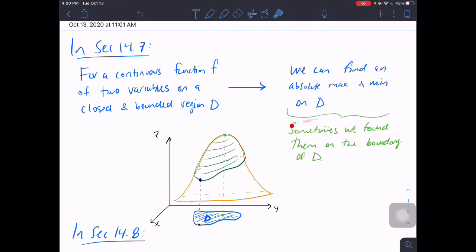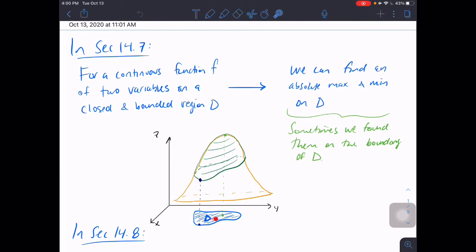And so I was just writing this comment here that says sometimes we found either the absolute max or absolute min on the boundary of D. And that's, like in this picture that I drew here, an example of us finding the absolute minimum of this function on the boundary.